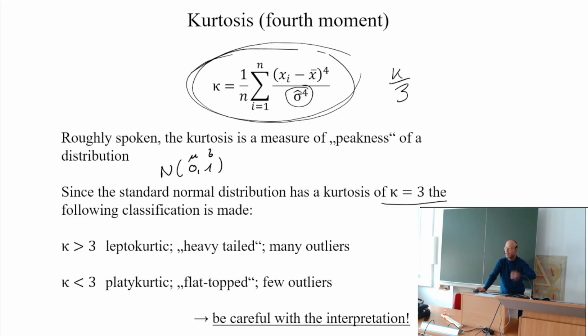Then you have to keep in mind that your reference point is now 3 if you want to interpret it relative to the normal distribution. If you have a kurtosis larger than that of the normal distribution, you could say I have very long tails on the right and on the left side. Or in the other way, my distribution is a bit narrower.